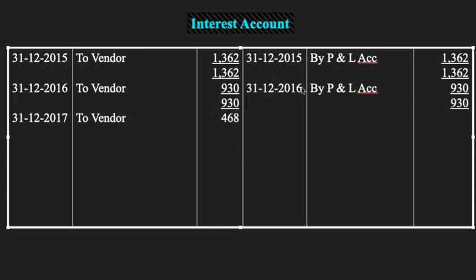Then we are going to take down here 31 12 2017 the same by profit and loss account. By profit and loss account we are going to take down the same value, that is 468 rupees, and we are going to close it now, right?